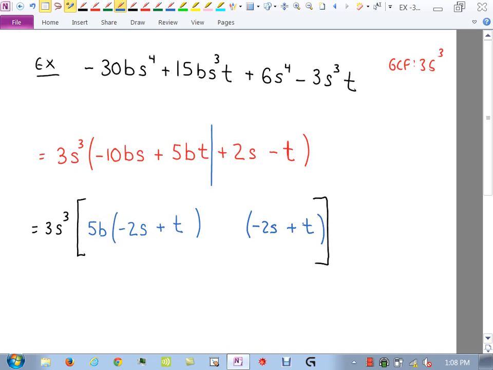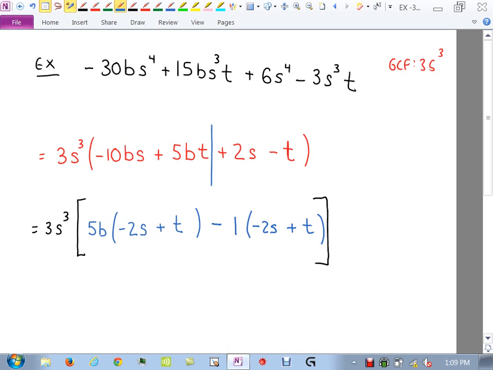And I have this, so how do I turn negative 2s into positive 2s? I need a negative 1, don't I? How do I turn positive t into negative t? I need a negative 1. So that negative 1 will come out in front, and I put a negative on it, right? You see it? Does that work? Do you all agree that that will work and create that up there?